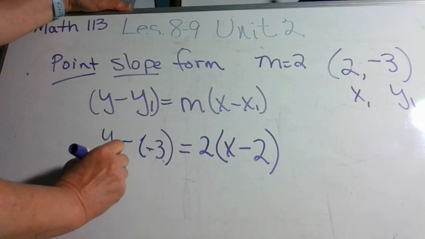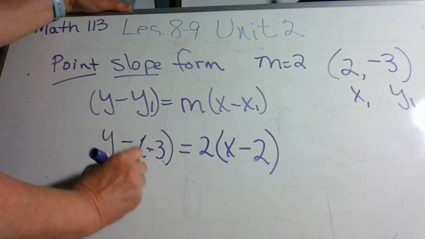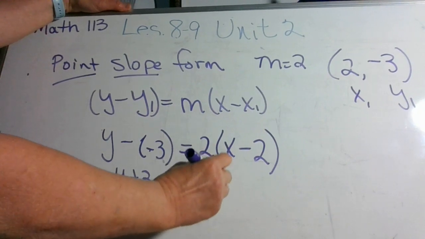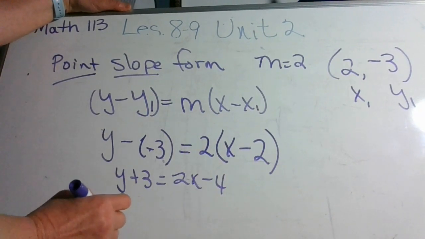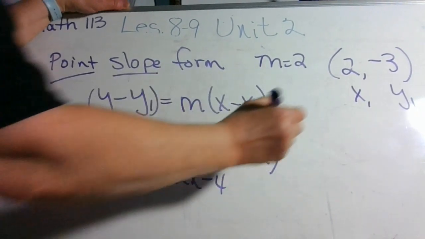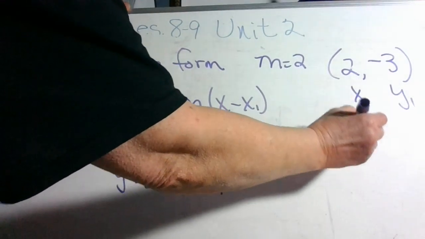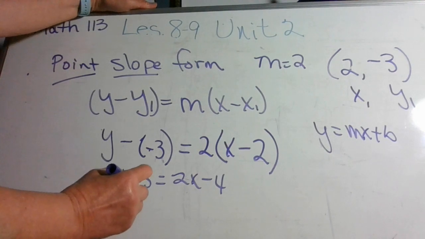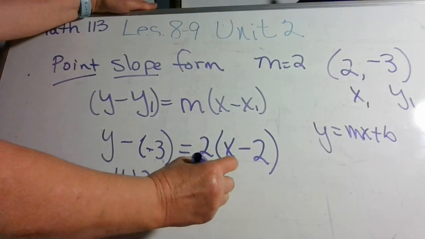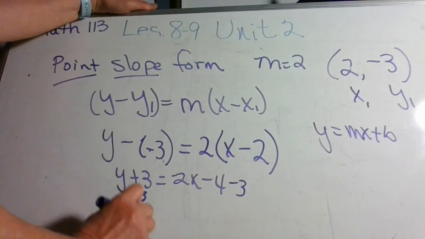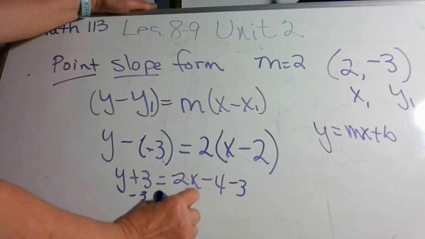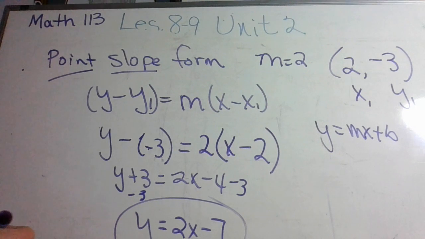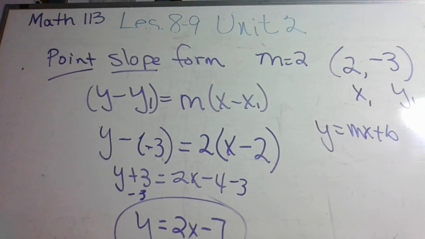Subtract the negative is a positive, so y plus 3, and let's distribute here, 2x minus 4. Now I need to get it in my y equals mx plus b form. So I'm going to subtract 3 from both sides. So I end up with y equals 2x minus 7. And that, my friend, is your equation.